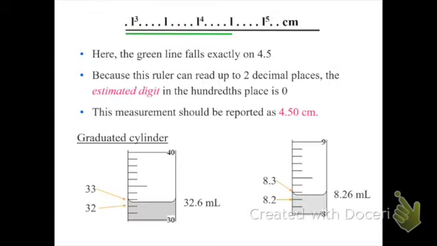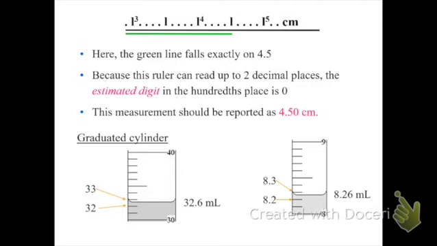All right, let's look at this next one. We have the green line, and we're going to do the same thing. We start by writing what we actually know, which is 4.5. But it's fairly obvious that it falls right on the line.